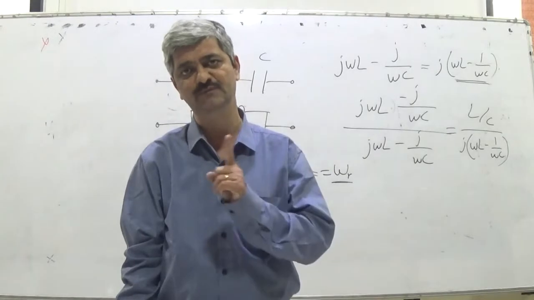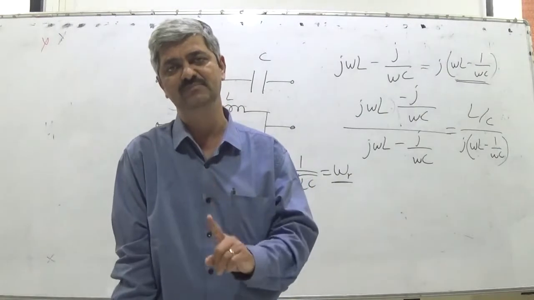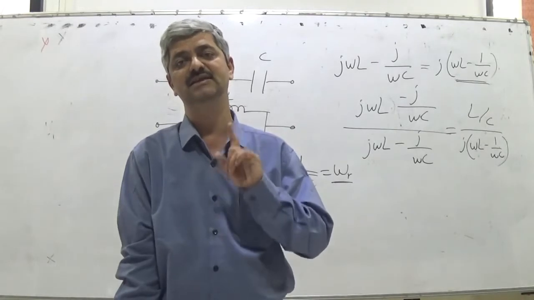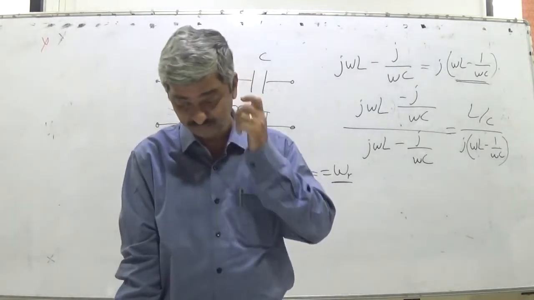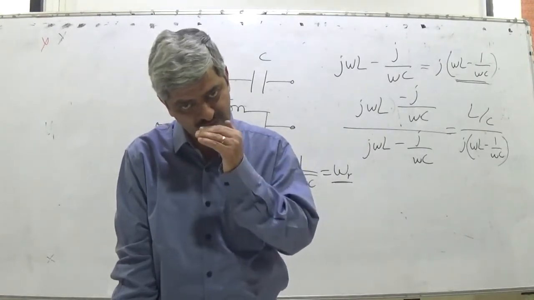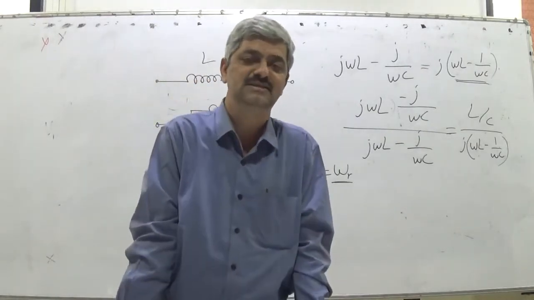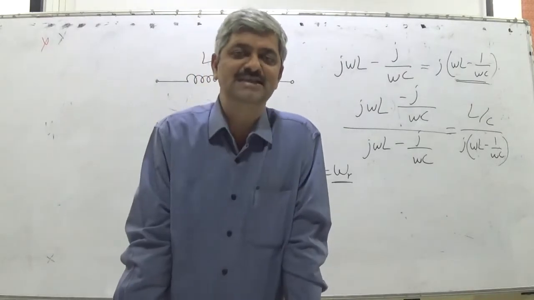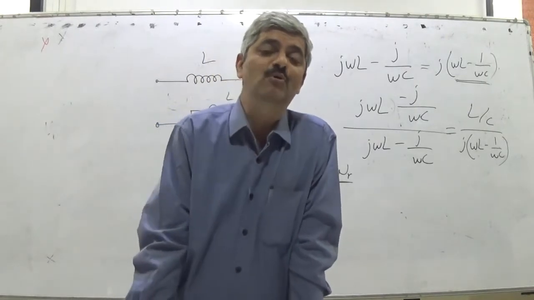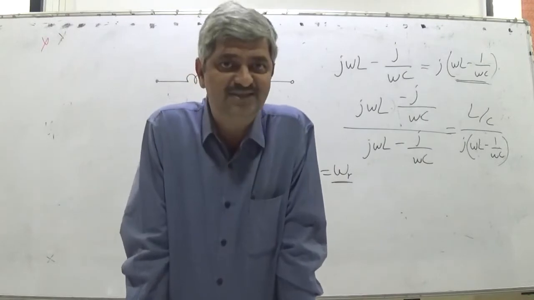Now, for frequencies smaller than omega R, the series circuit behaves like a capacitive circuit. For frequencies more than omega R, it behaves as inductive. Inductive impedance is plus j something, capacitive impedance is minus j something, so they behave oppositely. There is a frequency at which they become equal and opposite, so they cancel each other's effect.